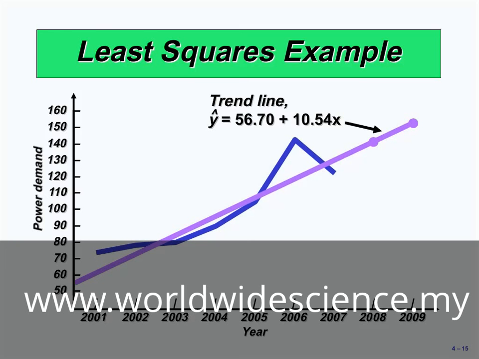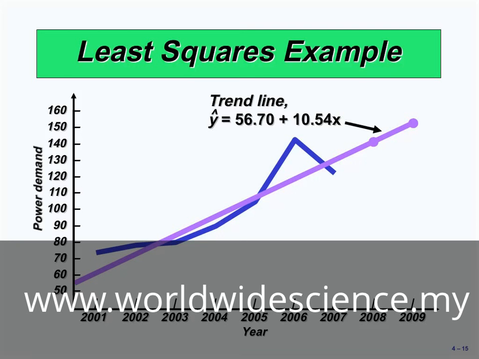If you draw the line by use of the mathematical method, we calculated the line y equals 56.7 plus 10.54 multiplied by x. This is the formula of the line equation. If you draw it, it's exactly the line.